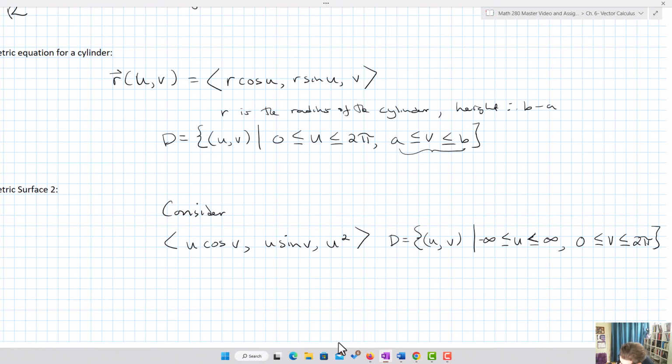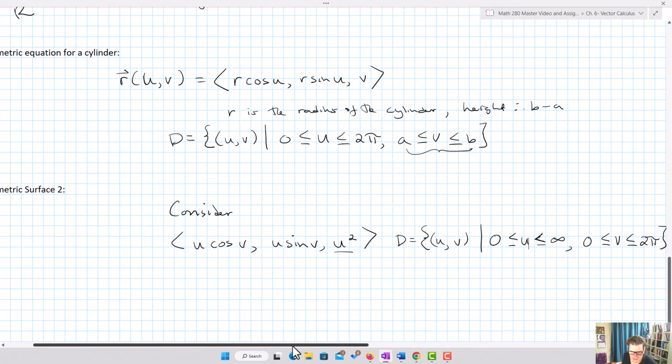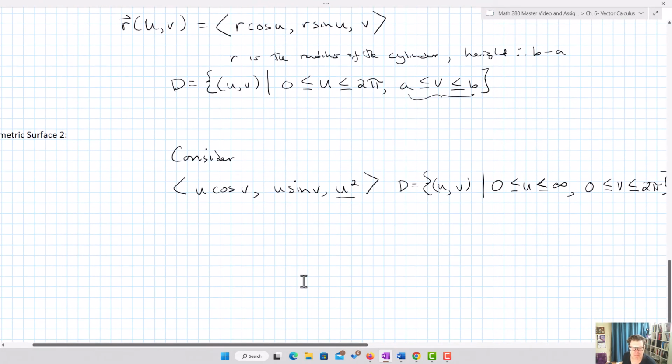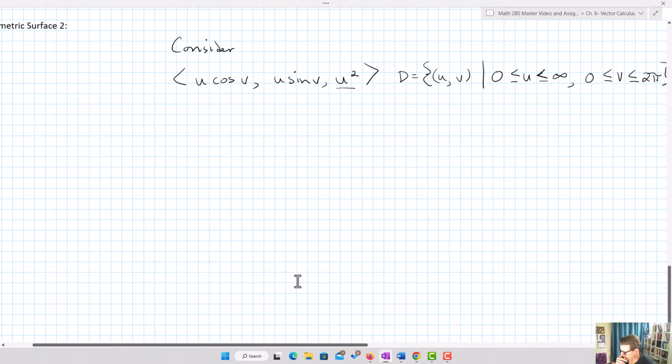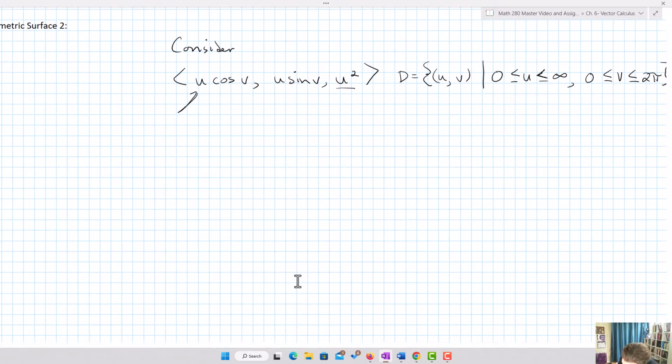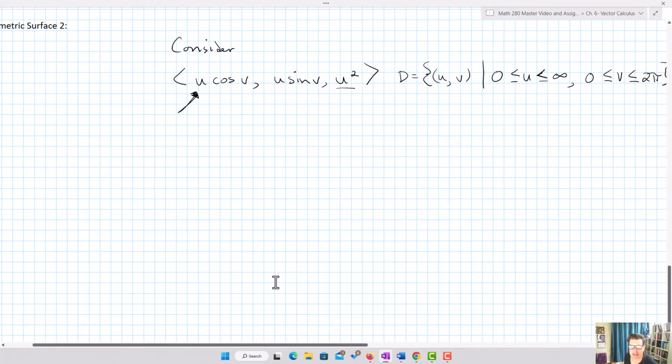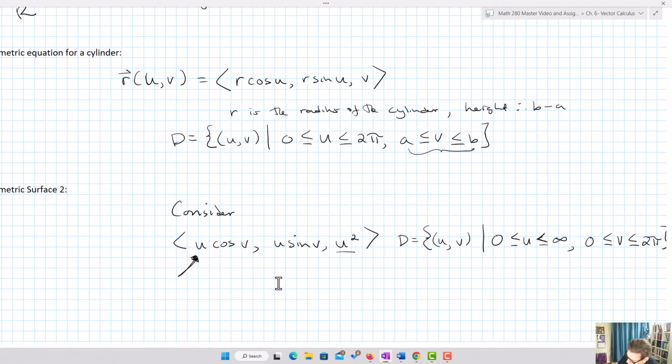In fact, because we've got the u squared, one of the things we can do here is just make that 0. We're going to go u greater than or equal to 0, less than or equal to infinity, to keep from having any real problems with that. A couple of things that I want to notice here. Instead of, like in the cylinder example, where r is constant, in this case u is changing.